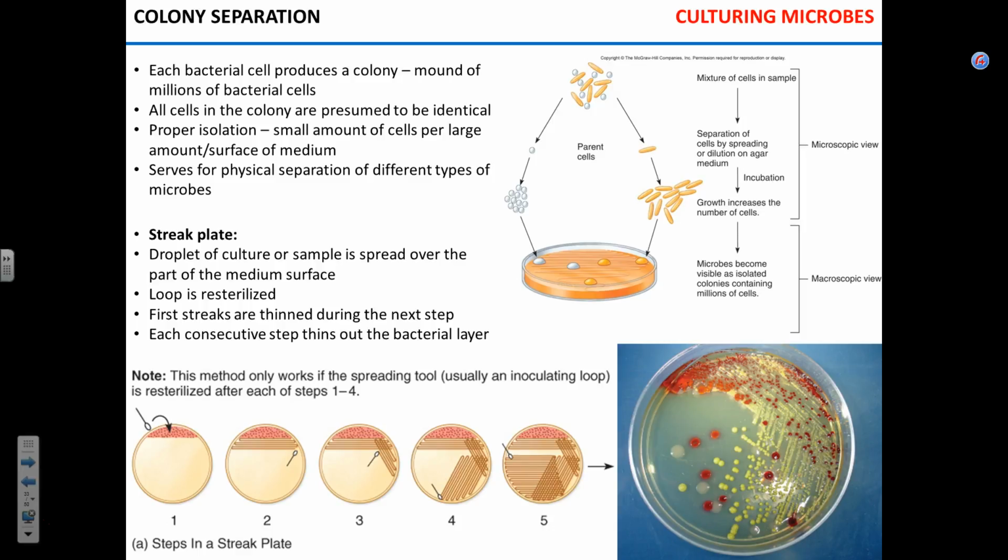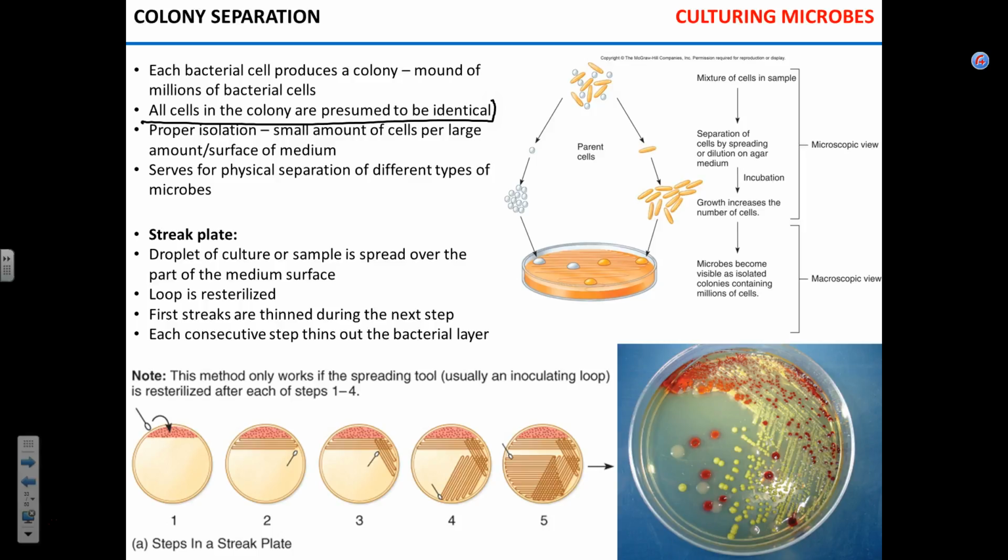There's a reason. All cells are presumed to be the same. So when we isolate a colony, we isolate not only a species, we isolate a very particular strain, if you want, of microbes that is unique, because maybe in the next colony there are a couple of mutations. Okay?